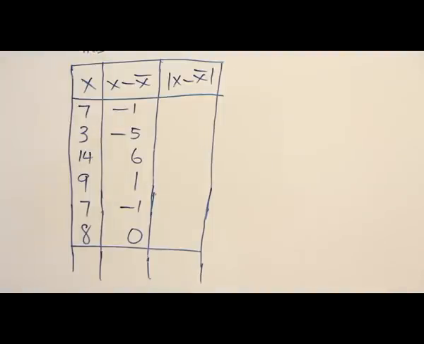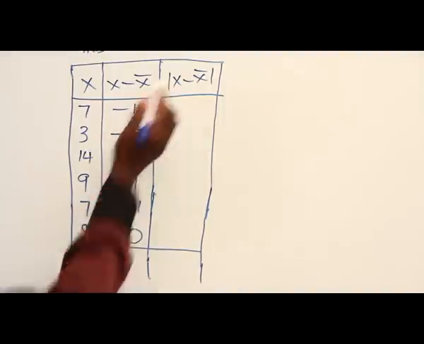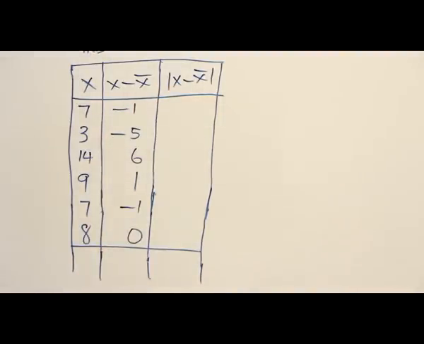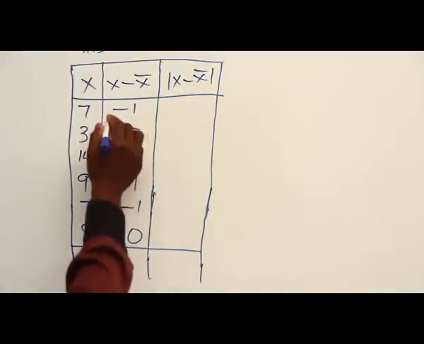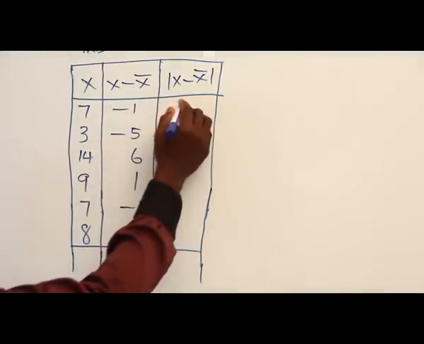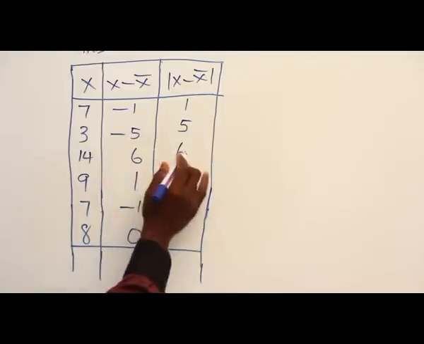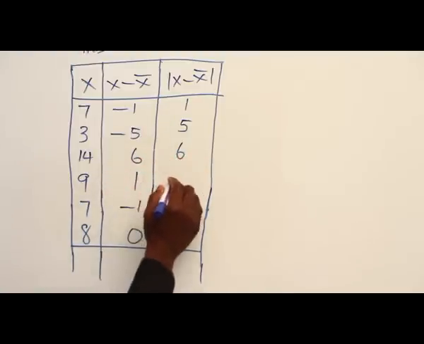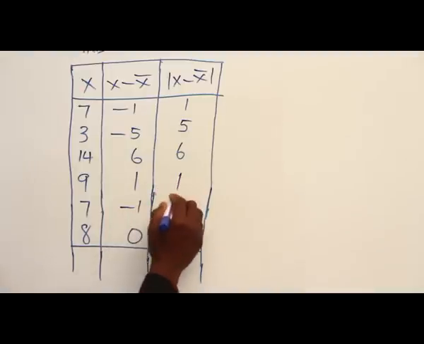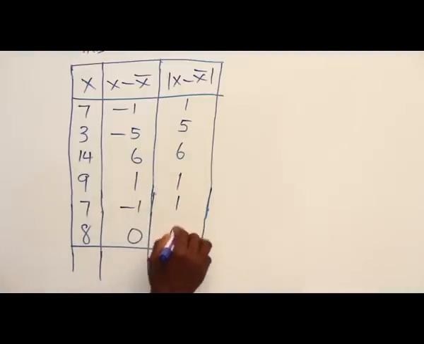Now we look at the absolute value of x minus the mean of x, which automatically makes it positive. So minus 1 will be positive 1, minus 5 will be 5, 6 will be 6, 1 will be 1, minus 1 will be 1, and 0 remains 0.